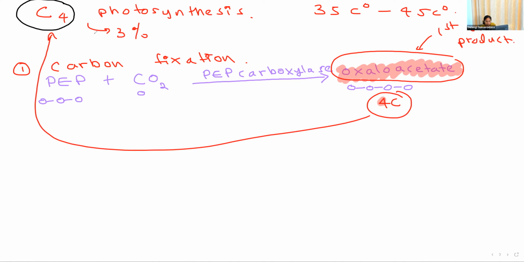So you have to know the enzyme name and you have to know the first stable product, oxaloacetate. Right? So one more new term and then it's the same thing again and again. Everyone understand up to the oxaloacetate, right?